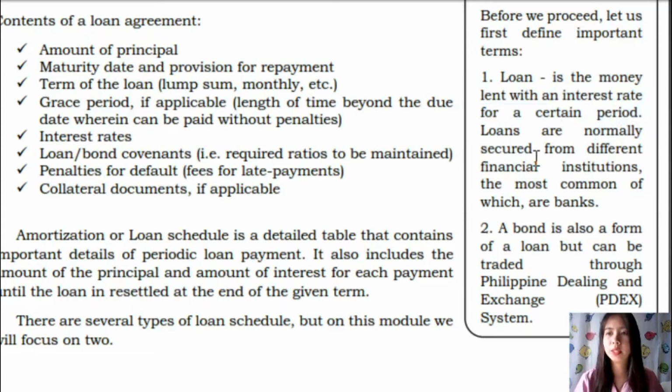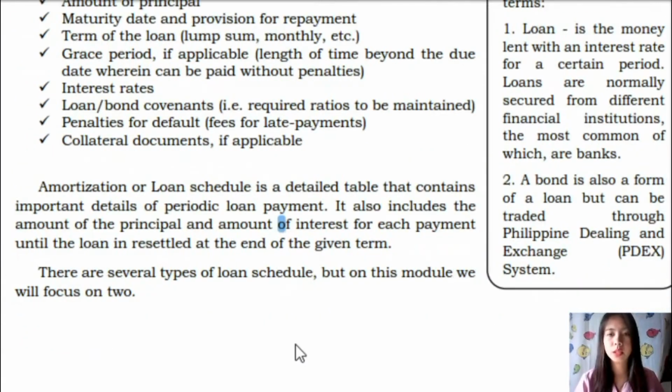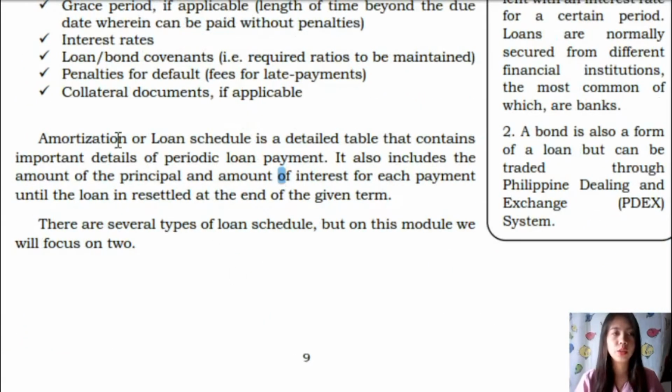Loans are normally secured from different financial institutions, already discussed in, I think, module 2 or 3, the most common of which are the banks. Another is a bond. This is also a form of loan, but can be traded in the Philippine Dealing and Exchange or PDEx system.